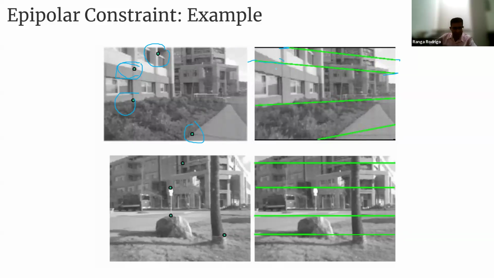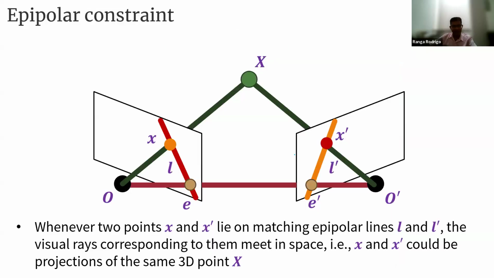See, here we found it. We don't have to search along the whole image. How about this corner? If you search along this line, see, here we find that. Take this for example. This is the corresponding epipolar line for this point. If you search along that line, that point is there, right? The top of that traffic sign or something. Yeah. So this is the thing about that. Okay.